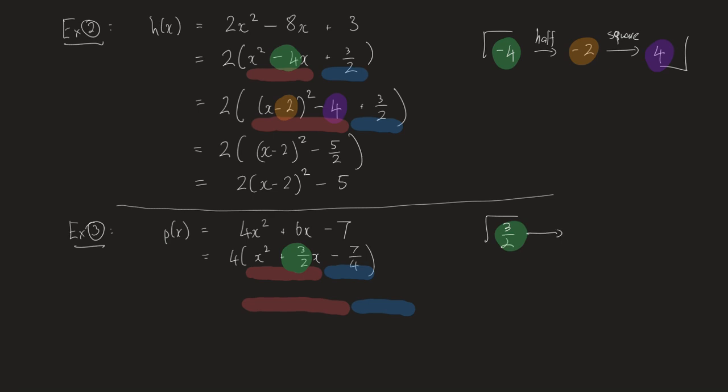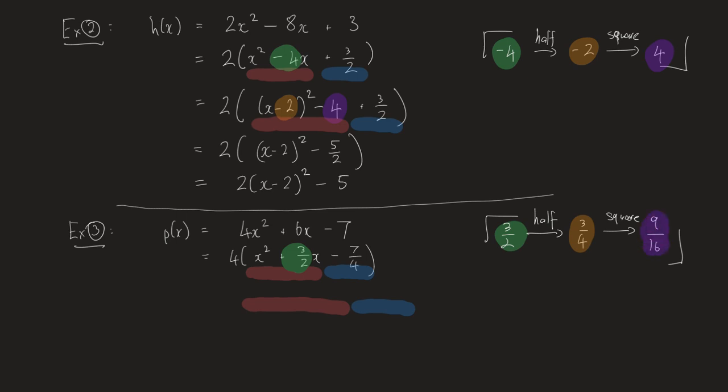That is the quantity that I need to half and turn it into 3 over 4. I'll then square that fraction to get 9 over 16. Okay, and these are the two quantities I'm going to use to complete the square. My 3 over 4 and my 9 over 16.